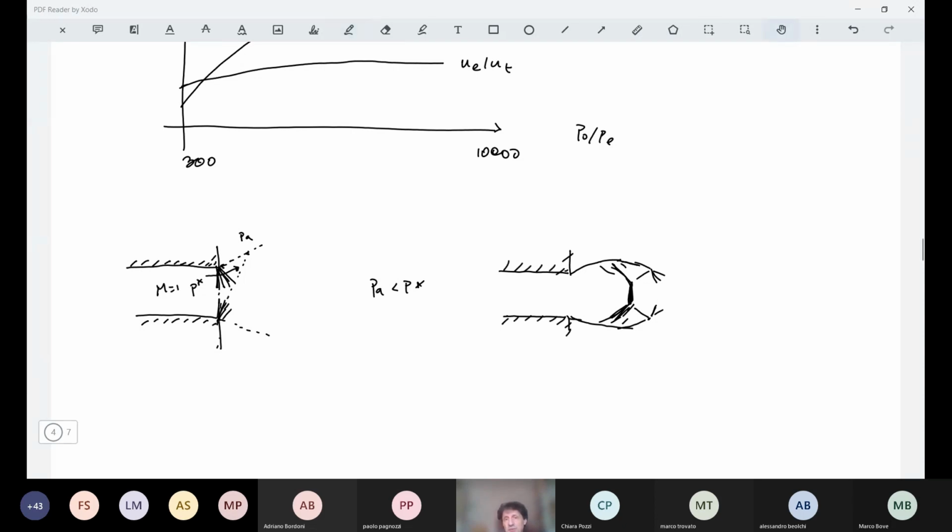And this occurs also if you are just considering M equal to 1 here. So you see, this is the case where PE is not equal to PA. Actually, we should have expanded more to reach the ambient condition. So we expanded less than we could, and so we call this jet, in this case it's just a converging nozzle, in underexpanded condition.